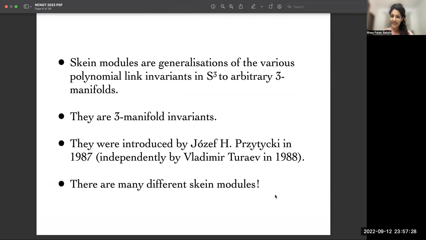But what all of these different Skein modules have in common is that they all try to say something about the three-manifold to which they're associated based on the kind of knot theory that it admits. So Skein modules are essentially generalizations of all the various polynomial link invariants in the three-sphere to arbitrary three-manifolds.